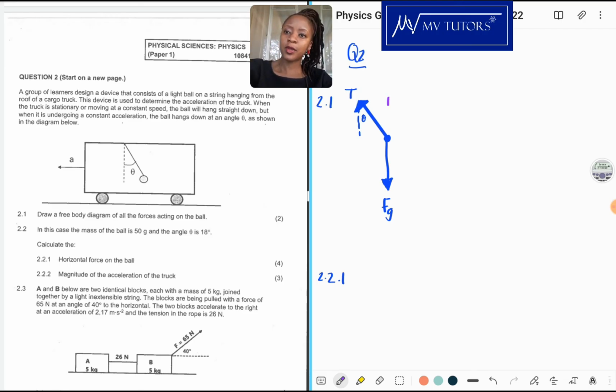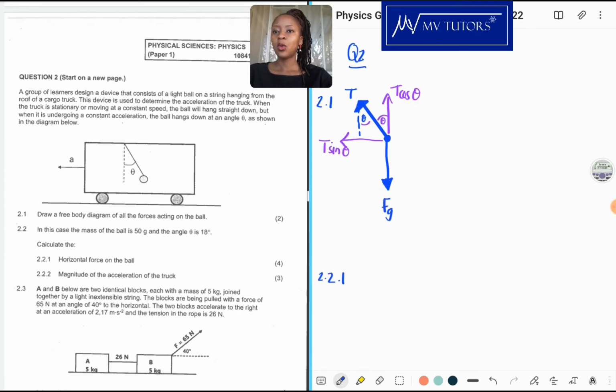So I would have Ty and Tx. Since we have theta here, if you use alternating angles, this is theta, so this would be T cos theta. We know it's 18, but I'm just going to put theta for now. And then we have T sine theta, because of opposite angles. They want the horizontal force on the ball, so basically we're looking for T sine theta.